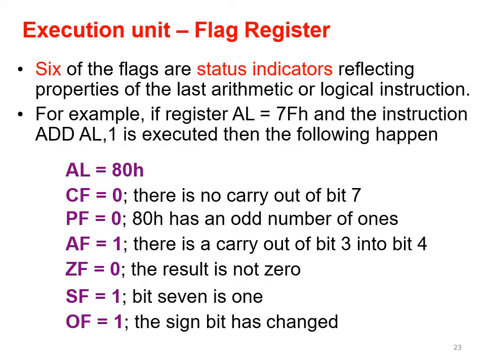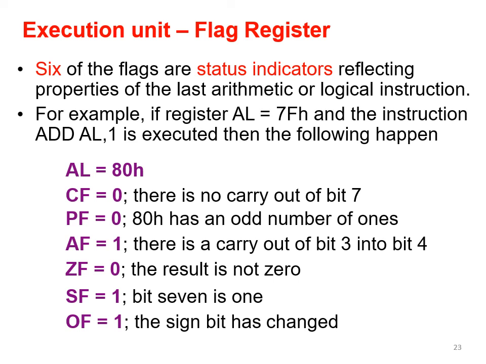Just an example here. 6 of the flags are status indicators. Here you have register AL carrying a value 7FH, in hexadecimal notation. 7F means 7 will take 4 bits and F will again take 4 bits, so altogether it takes 8 bits. So it's well and fine with the 8-bit register AL. And then you have the instruction ADD AL, 1.